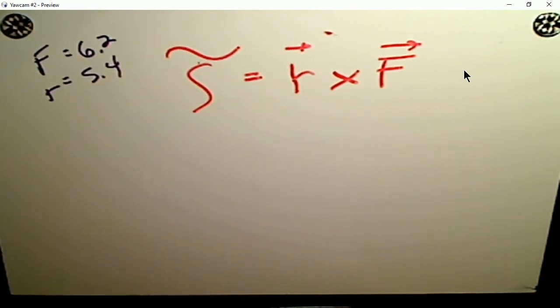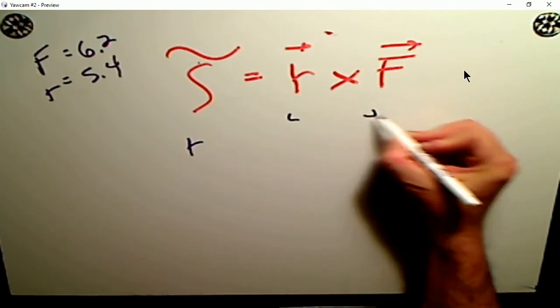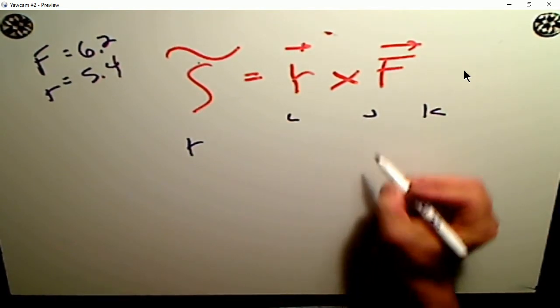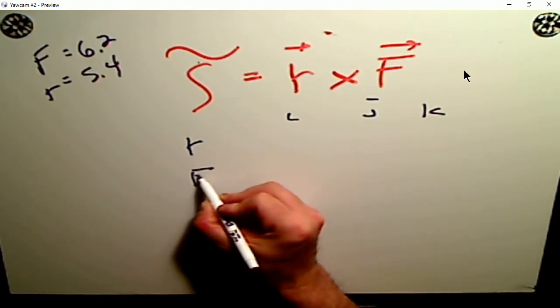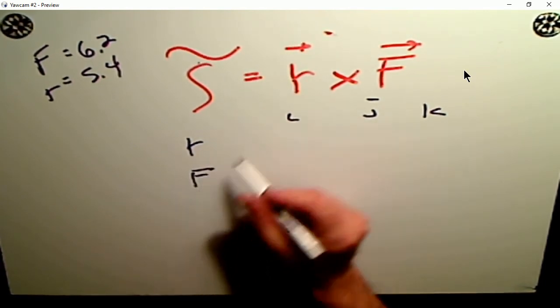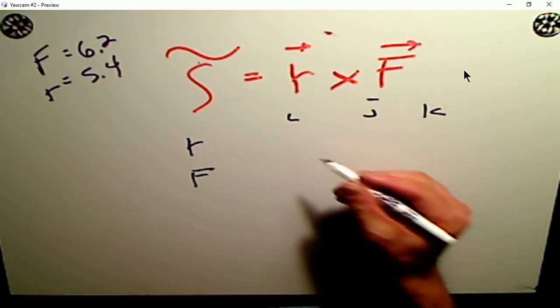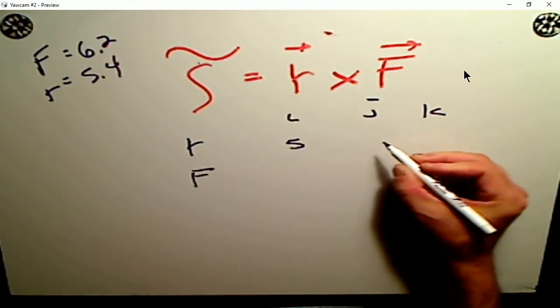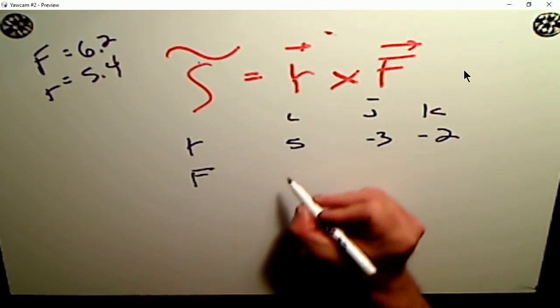If I write in terms of I, J, and K, I'm going to put a negative above there, and you'll see what I mean. Have to put R, force. These are not interchangeable. It's not commutative. I'll put in the 5, the negative 3, the values that I had originally written down.